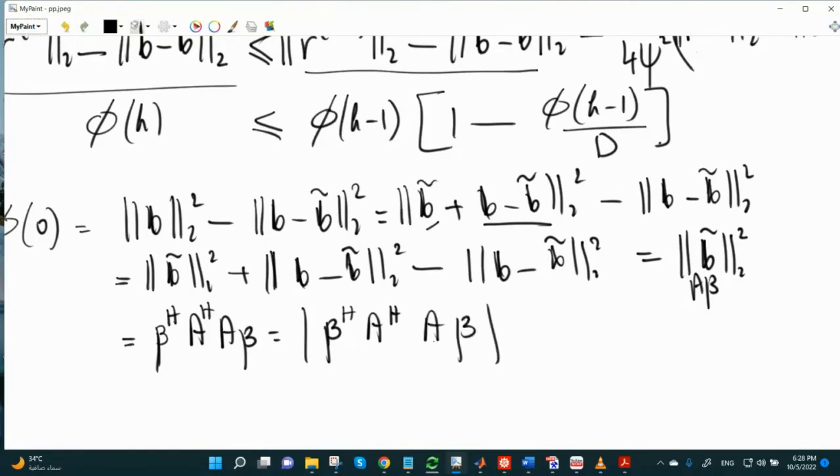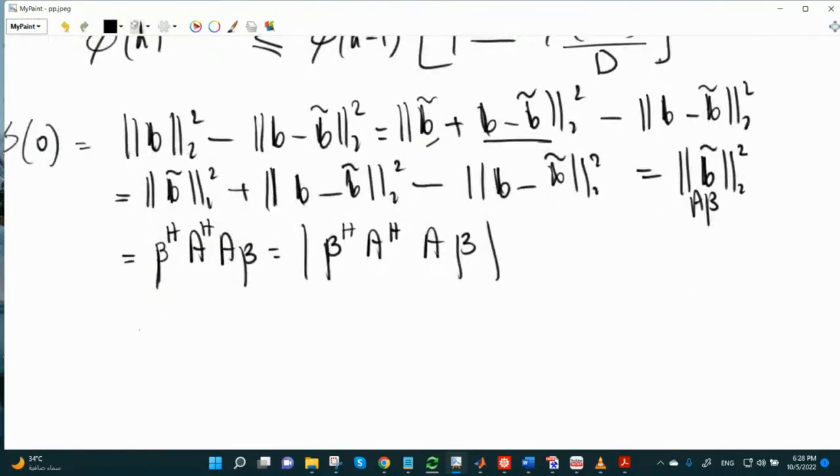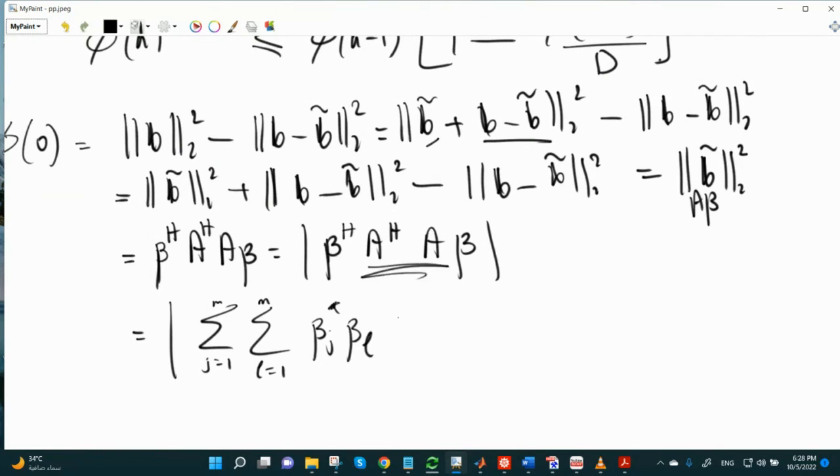And we have a quadratic form here with vector beta and matrix A Hermitian A. And so this is a sum, let's say j from 1 to m, and then l from 1 to m, of beta j conjugate, beta l, and then we have element here jl. So this will be a j Hermitian, and then we have a l, like this.